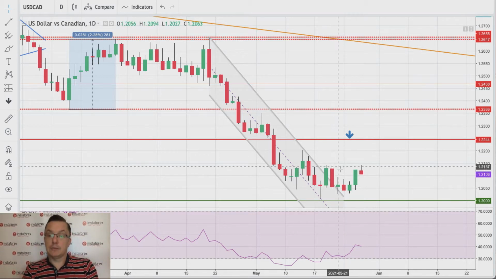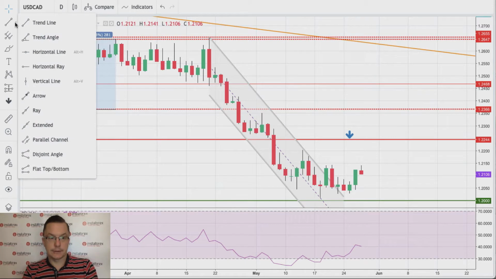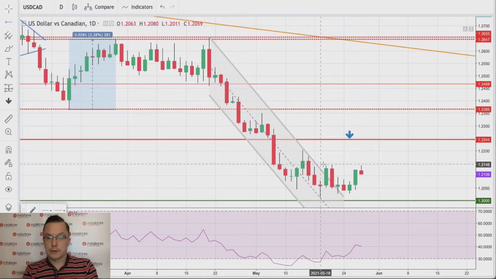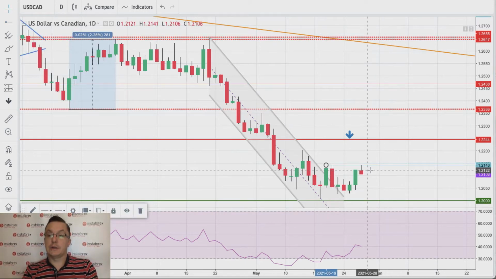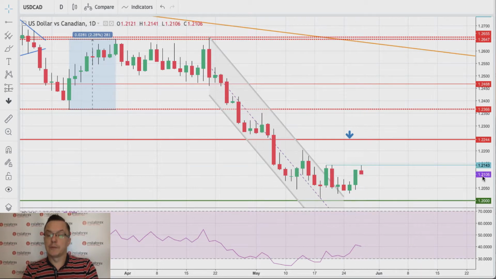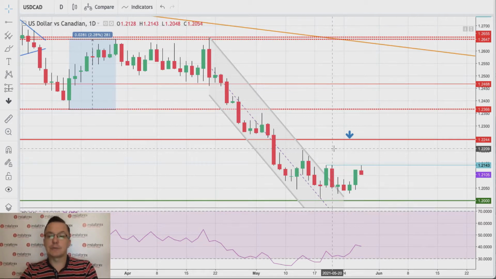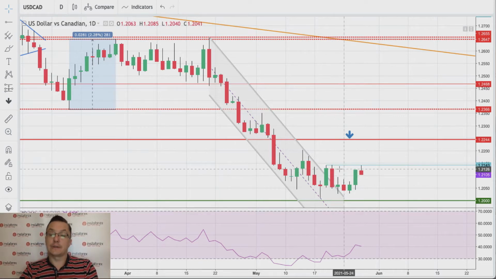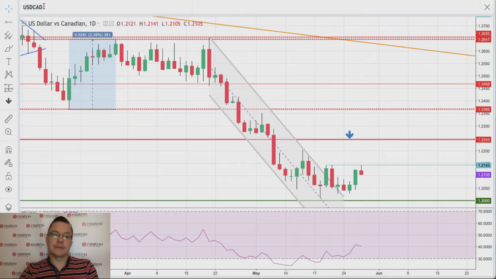In the short term, we need to get out of this range above 1.2143, 1.2150, and right towards 1.2244. The longer term trend is still down, and there is no indication of trend reversal. We are just consolidating sideways, doing nothing on the US dollar.